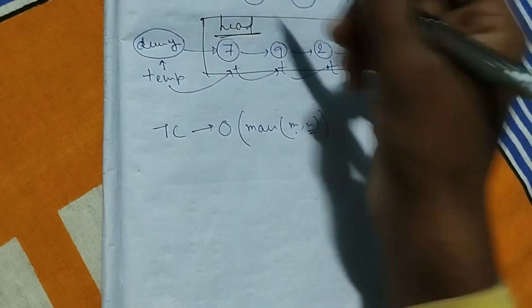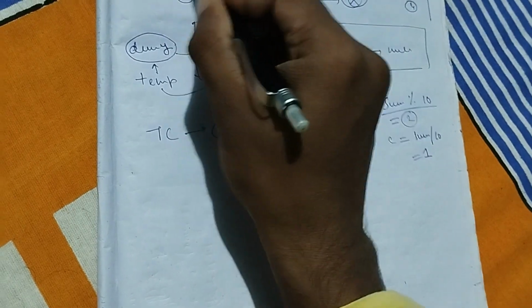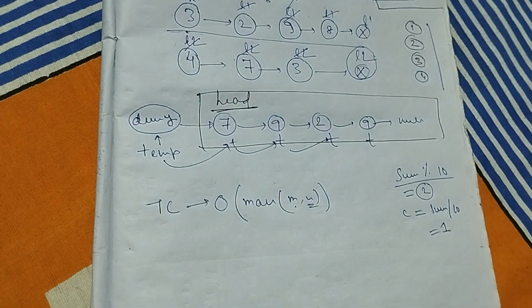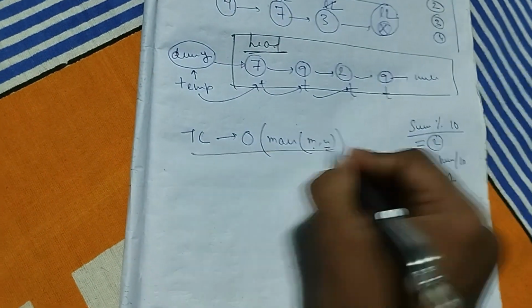You can see that here we have 4 iterations, and the largest linked list, the first one, has 4 elements, so we did 4 iterations. From that we can derive this formula.